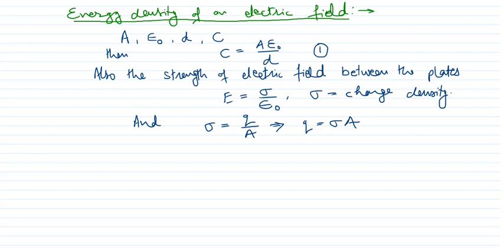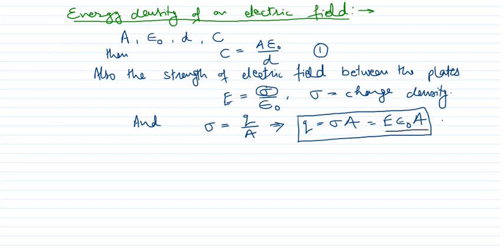And from this relation, if we put the value of sigma, which is equal to E into epsilon naught, into A, so therefore Q comes out to be E epsilon naught into A. Equation number 2. Now put the value.